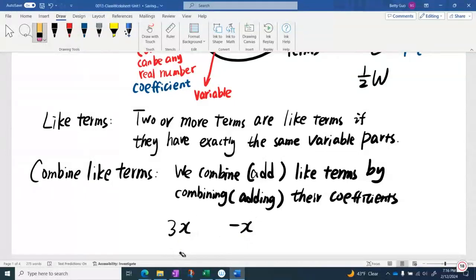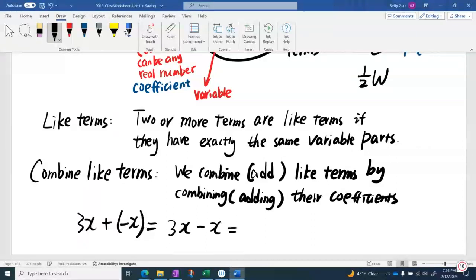Combine them means add them together. So how do we add them together? Yeah, 3x is actually 3x plus negative x, right? But plus negative, we don't really write plus negative, we'll just write 3x minus x.